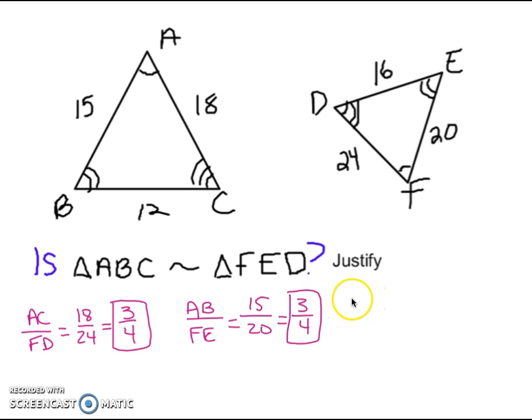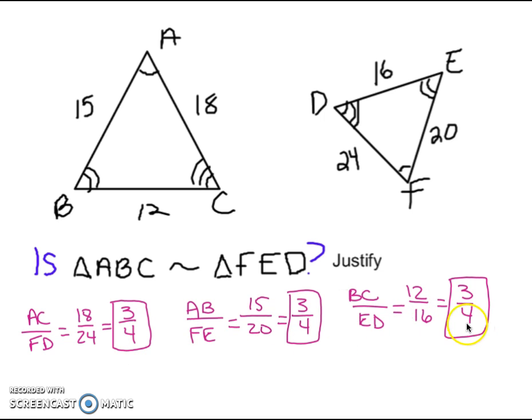And then we could take BC, so here's BC over ED, and when we find those values, BC is 12 and ED is 16. So again, that would reduce down to 3/4.